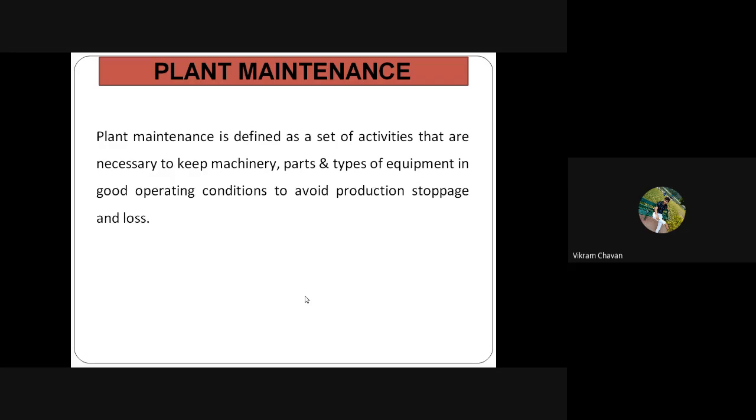There will be a loss of inventory level and a loss of profit, because the product will not be available in the market in the required quantity, so there will be a loss of profit for that company.